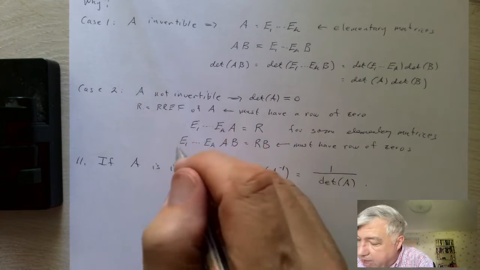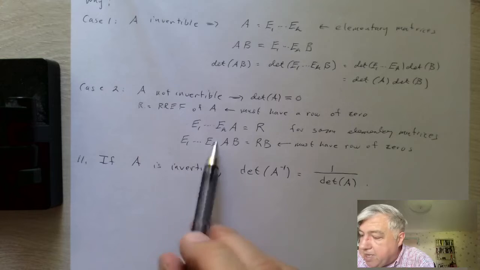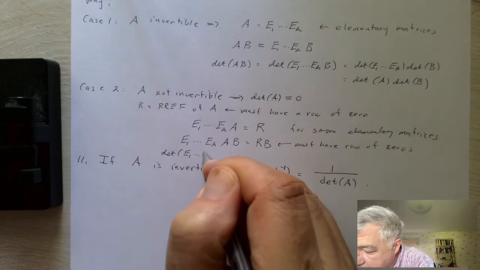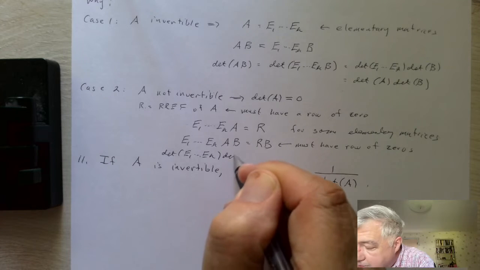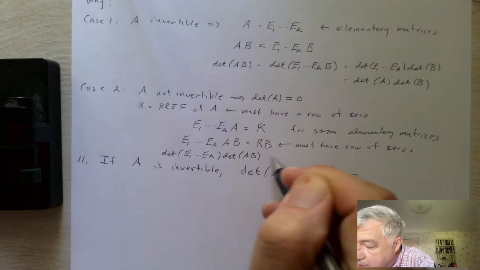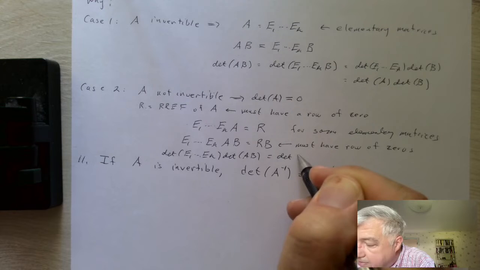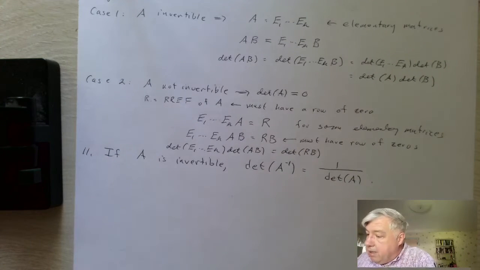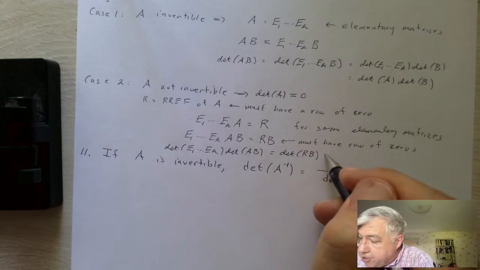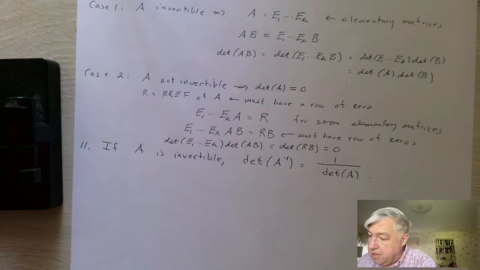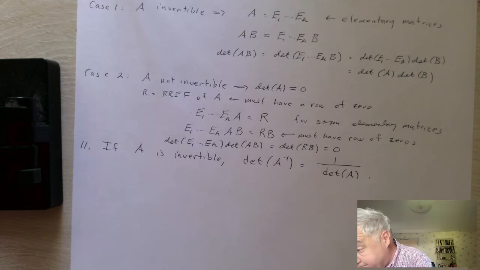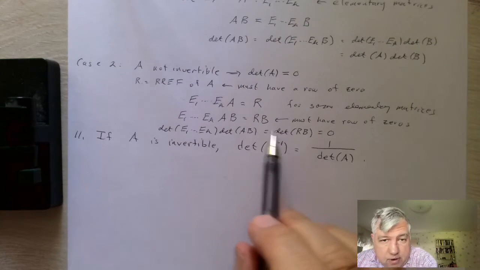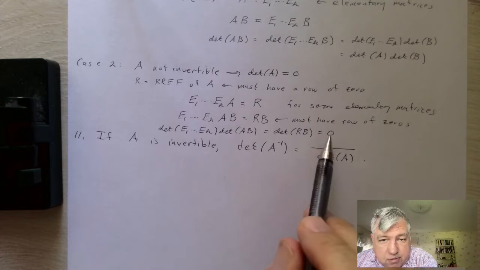Once again, because these are elementary matrices, we have the determinant of E1 through EK times the determinant of AB is equal to the determinant of RB, which is 0, because RB has a row of 0s, so its determinant is 0.